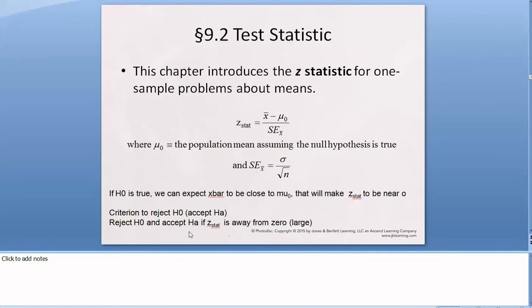If this is much larger, that means the sample mean is very much away from this, and the data is telling us the actual mean value is not 170. So the data sample is supporting HA. Think a little bit about this. So large z values will favor HA, and near 0 z values will favor H null. All right, let's go to the next one.